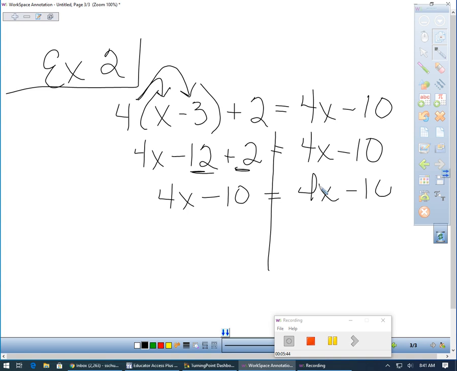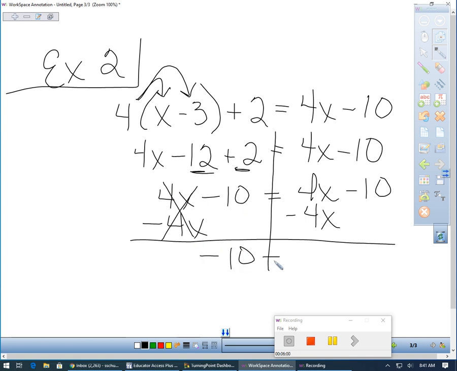So then I'm going to move this 4x to the other side. It's a positive 4x. To move it to the other side, it's a negative 4x. So 4x and negative 4x, it cancels. I have negative 10 equals, 4x and negative 4x, it cancels, negative 10. Is that true?